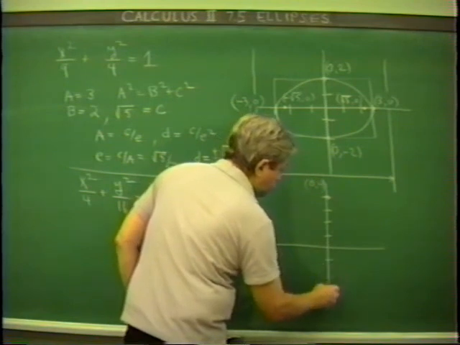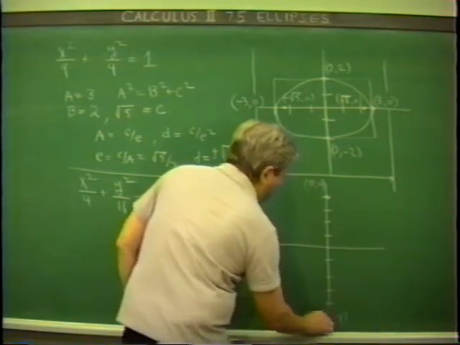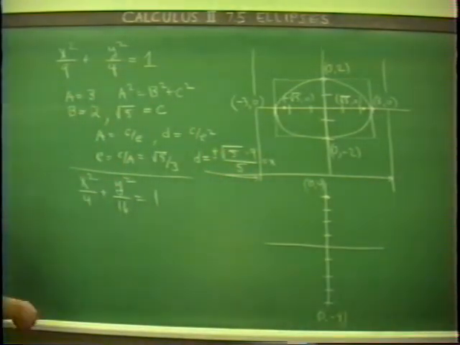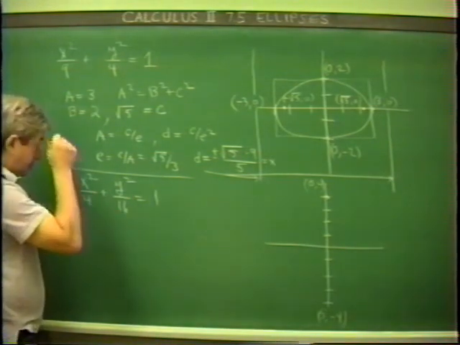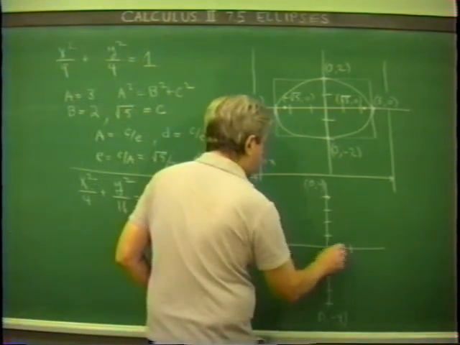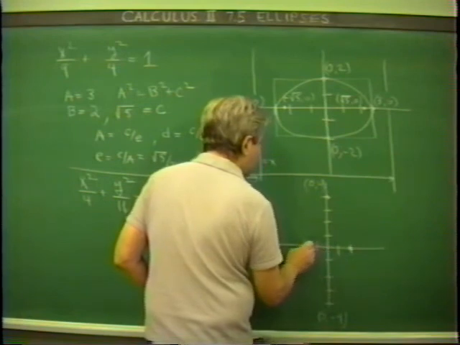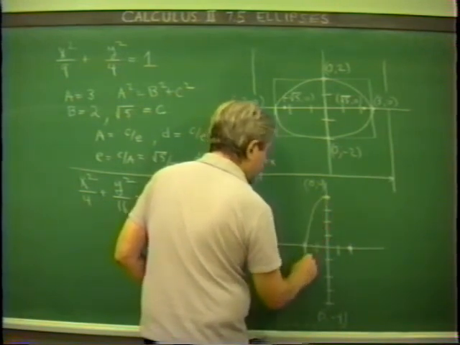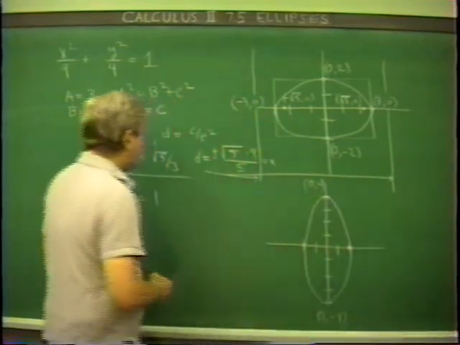So 0, 4, and 0, minus 4 are on the graph. When y is equal to 0, x is plus or minus 2. Let's say x squared over 4 is 1, or x squared is 4, x is plus or minus 2. So we can put these 2 points on the graph here. And the resulting ellipse could look something like this.